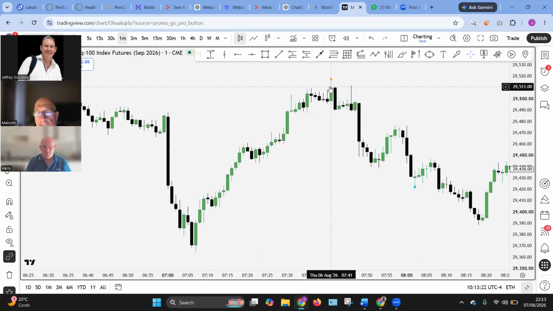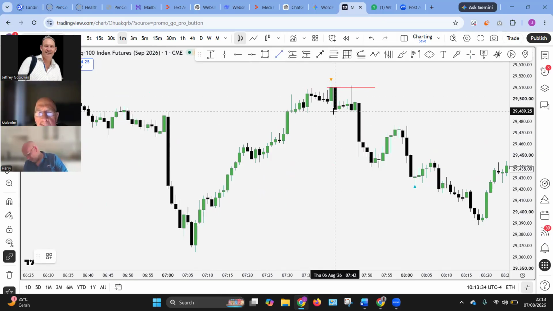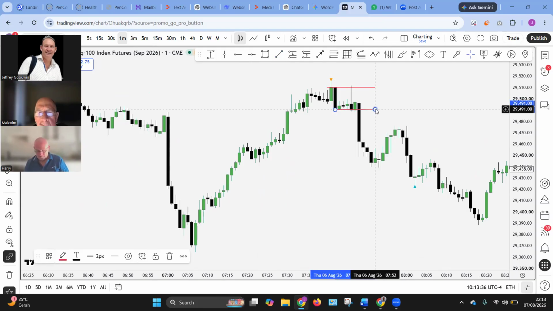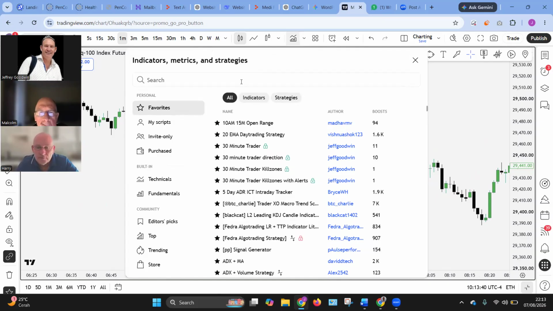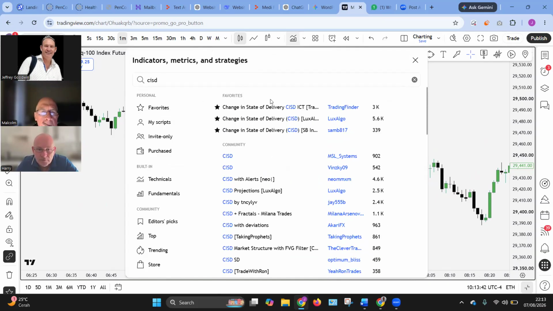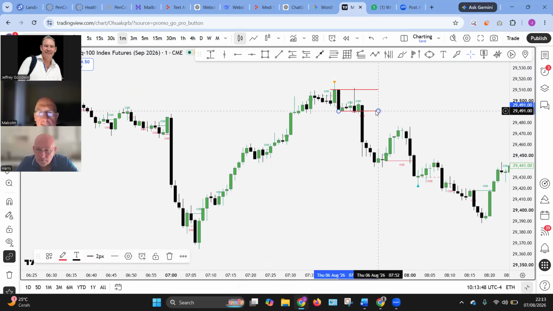Doesn't break the stop loss, but it does go above. Maybe this is a little rule we can implement. It takes our bodies, highs. Therefore, we have a new break of structure or change in state of delivery. Let me put that indicator on to see what it says. Change in state of delivery.